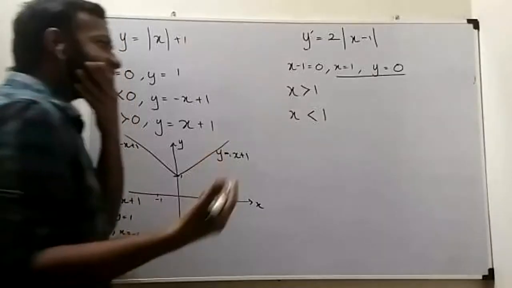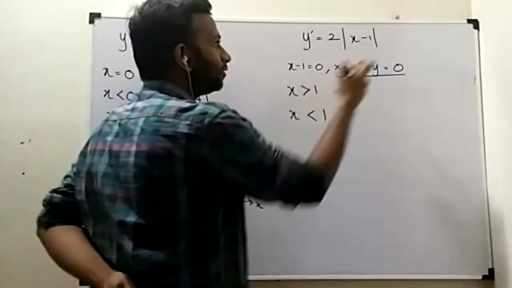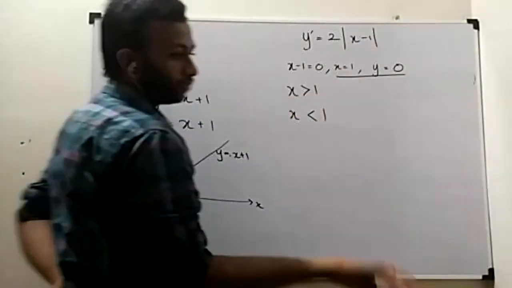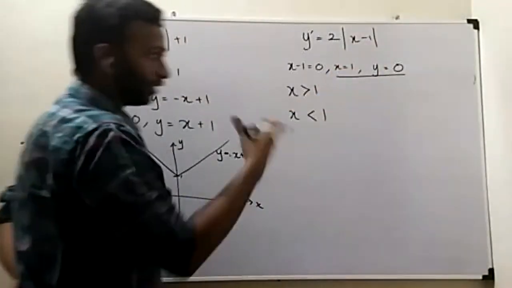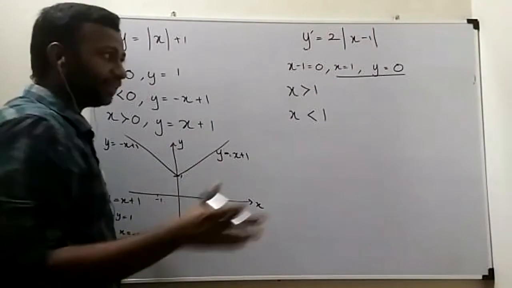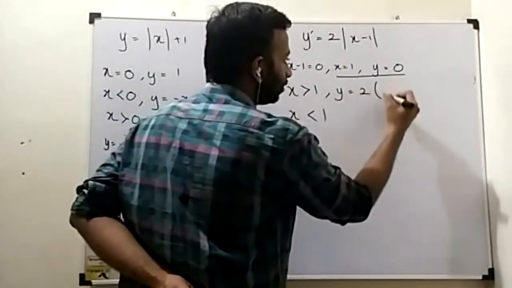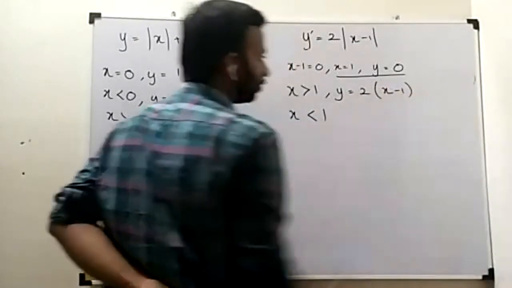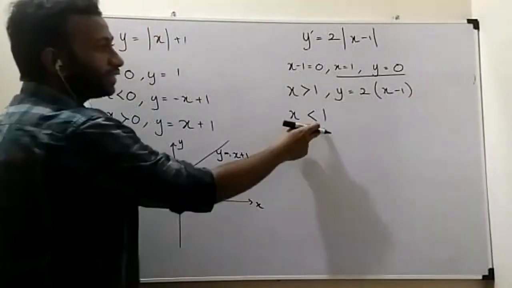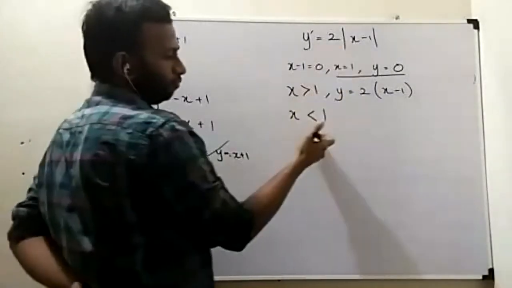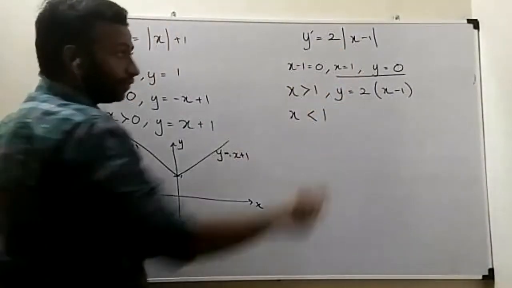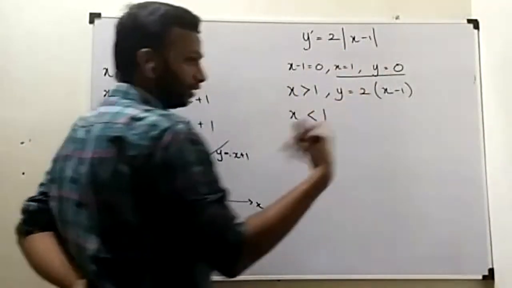So when x is greater than 1, let's put a value, say 5. 5 minus 1 is a positive value. So it's positive, you don't need to do anything, and the modulus value is the same thing. So y is just x minus 1. If it's less than 1, let's put a value, say x is 0, then this whole thing would be a negative value, minus 1.